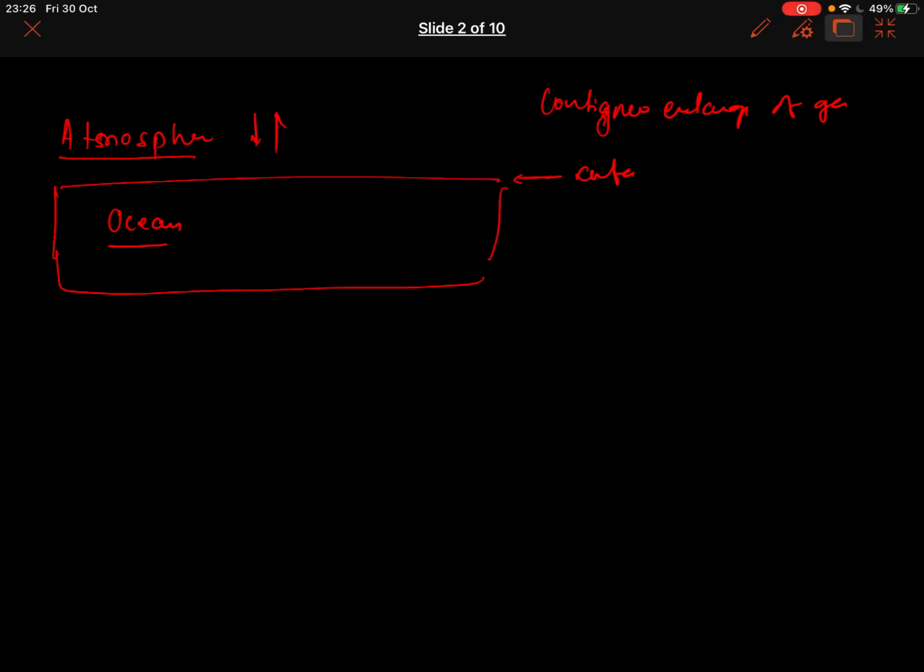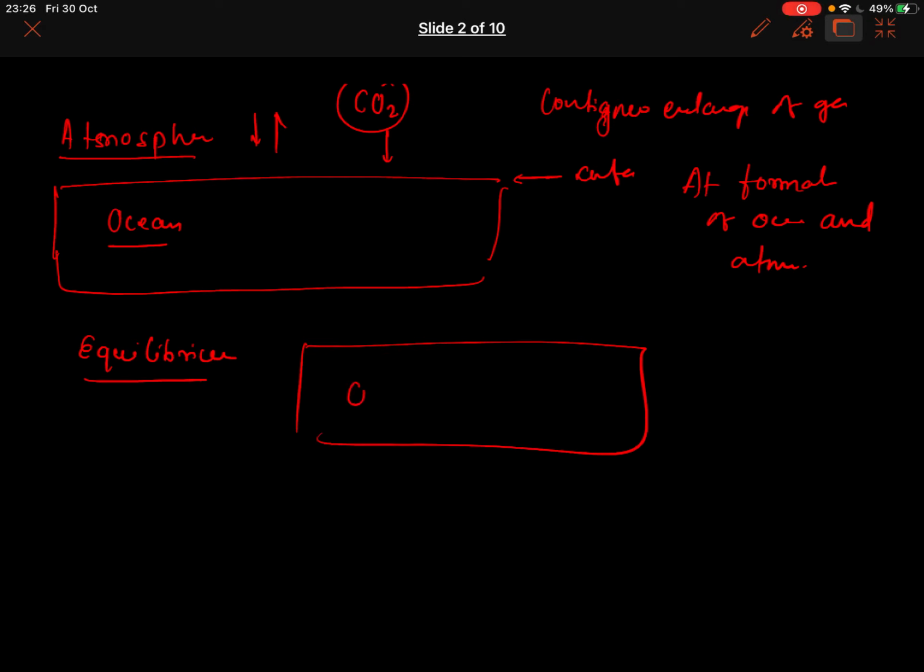So if there was CO2 in the atmosphere at the formation of the ocean and atmosphere, it must have interacted with ocean water, it must have got absorbed in the ocean water, and finally after some million years they attained an equilibrium. So the ocean and the CO2 in the atmosphere came into an equilibrium state. So this is part number 1.